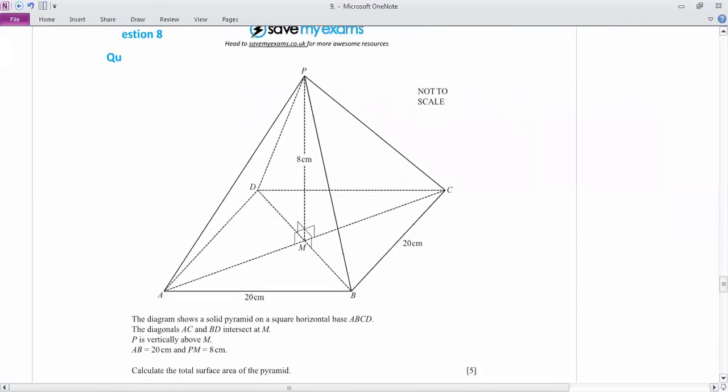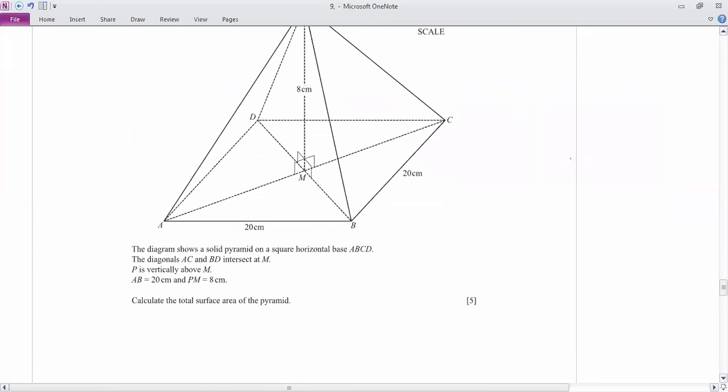Yes, again this is a pyramid, and again it's a square pyramid. If it's a square pyramid, we have to calculate the total surface area of the pyramid. To find the total surface area, if I open this pyramid, let's have a look.